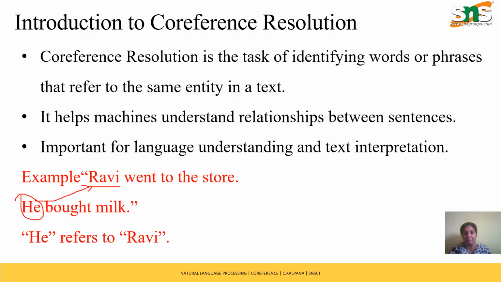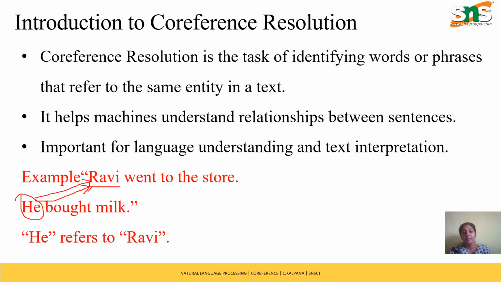Likewise, coreference relates a noun with the previously or subsequently referred person's name. This is called coreference. If you have he, she, it, the system should understand which person this he, she, it is referring to. So it needs to have the relationship.